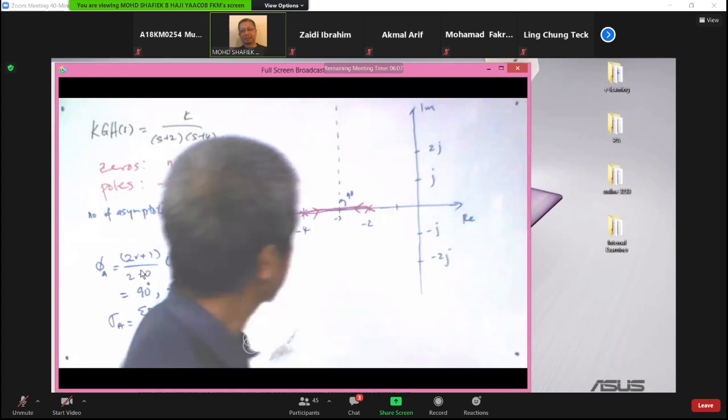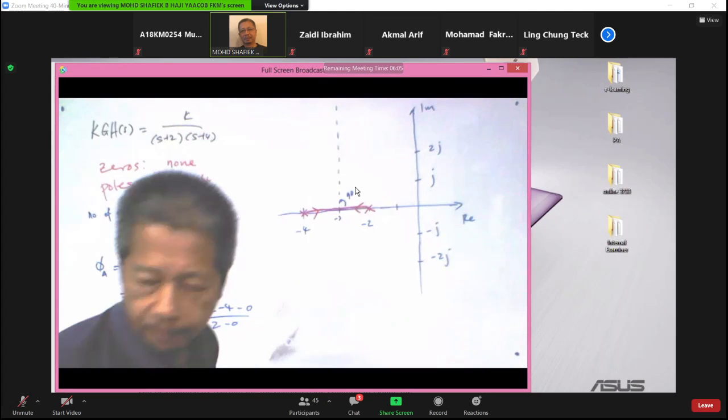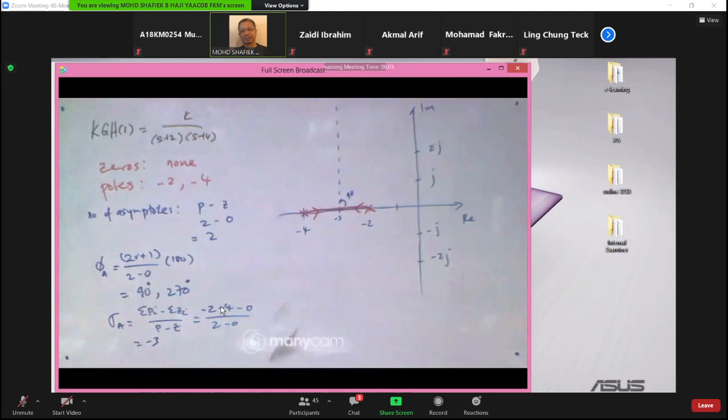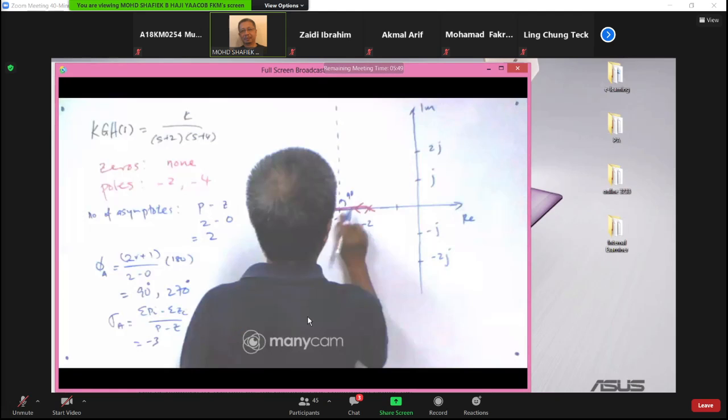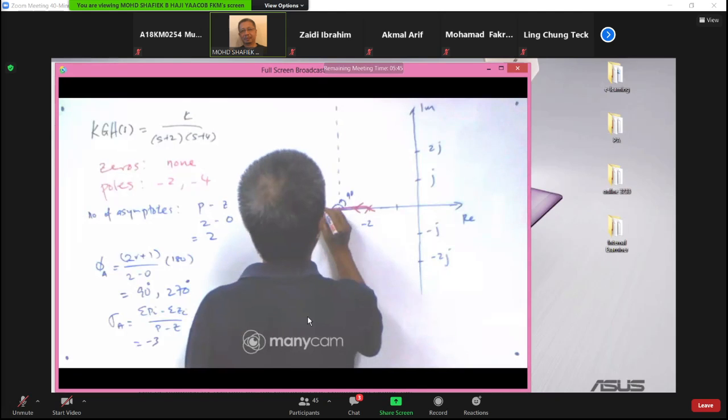So that is our first asymptote line. The second asymptote line goes through the same intersection, but at an angle of -270. So it's not negative, it is positive 270.